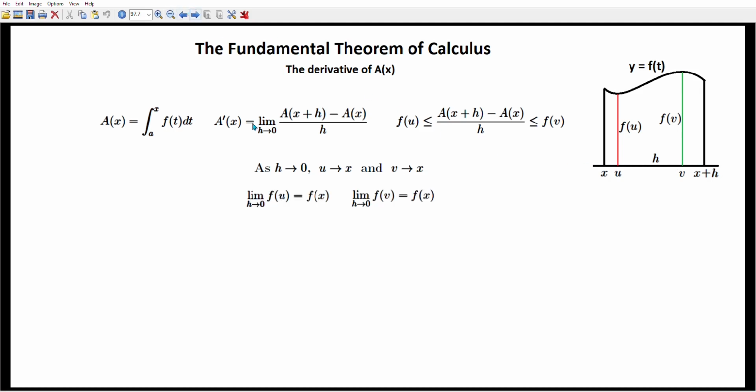And as a result, as h goes to 0, f of u, since f is continuous, goes to f of x, and as h goes to 0, f of v goes to f of x. And we discover that this thing, which is trapped in between, must go there as well. So by the pinching theorem, A prime of x is f of x.